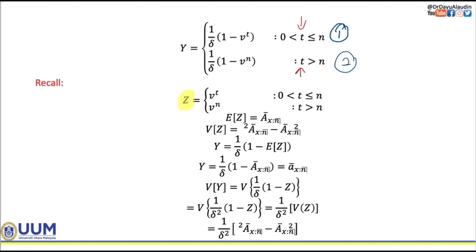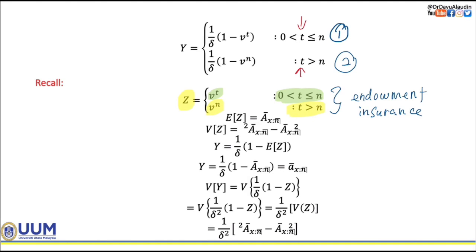As I recall, Z is for life insurance. So this case is for endowment, because we have two kinds of benefit. We have the benefit for death if death happens within n years, and we also have the benefit if the death happens after n years, so v^n.